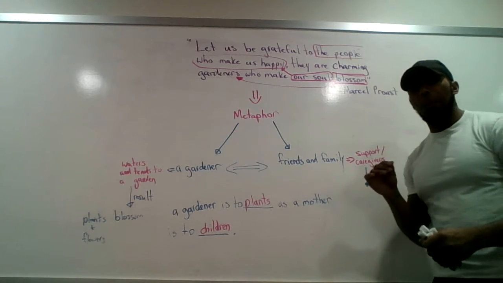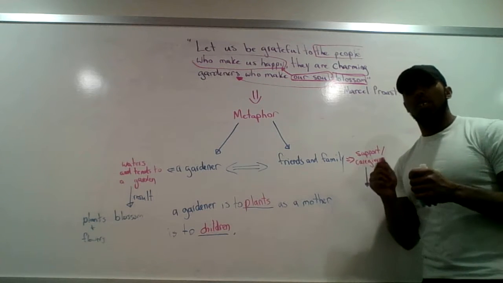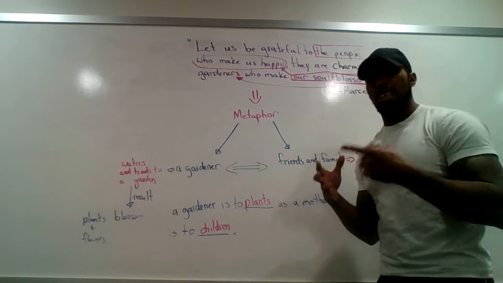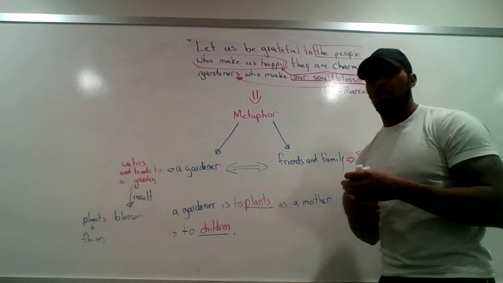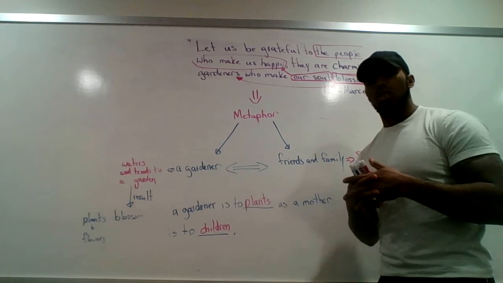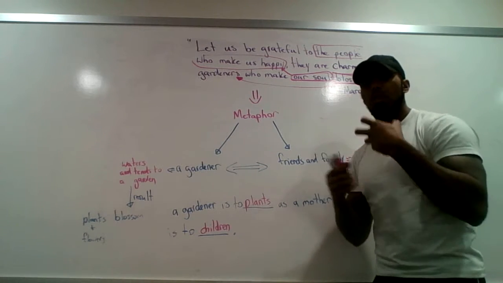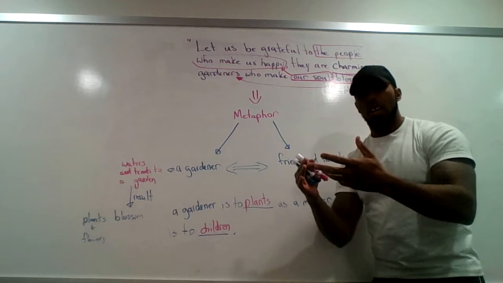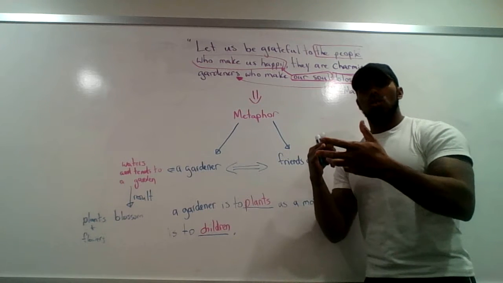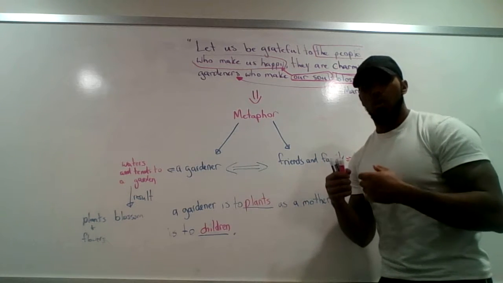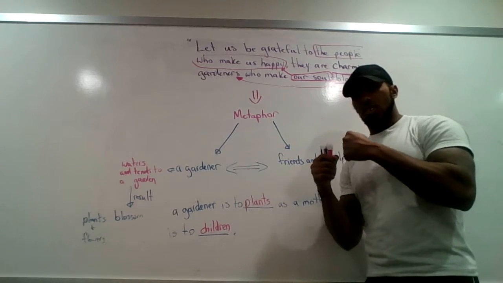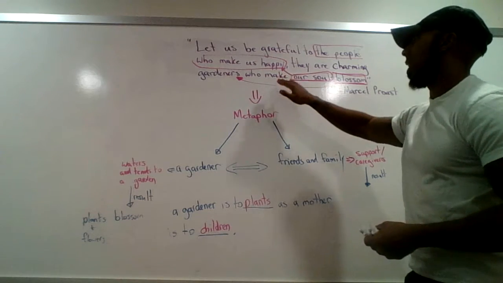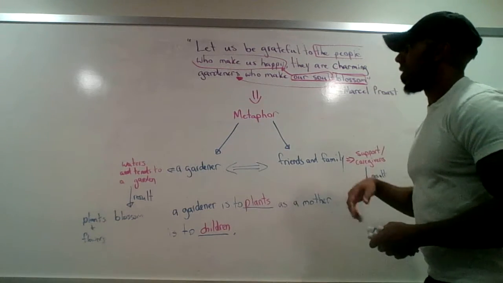So this is basically how metaphor is used as a literary device to convey a certain kind of meaning or to portray an idea, and to link two things that aren't usually linked together, to create some kind of relationship between them, or to put the information out there in a poetic way so that the reader can understand the importance of whatever the subject is, right? Which in this case would be the people who make us happy and being like gardeners that make our souls blossom.